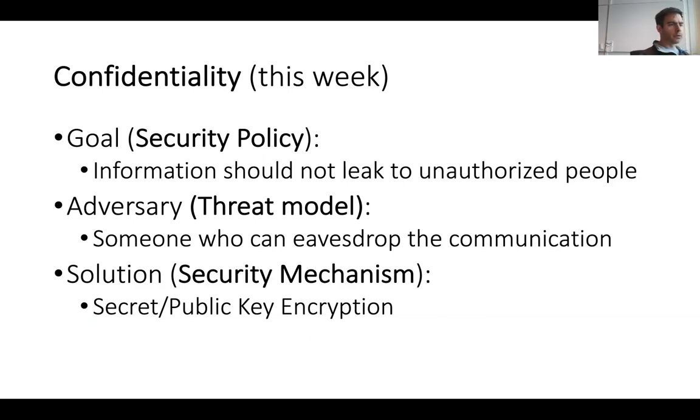And something I would like to add that I forgot to mention in the previous video is that in the slides and in the book, we talk a lot about confidentiality over a channel. I'm sending you some data, but the channel here, in a very broad sense, could also be a disk. So when we talk about Alice and Bob sending data to each other, it could also just be Alice encrypting data to herself on a disk.